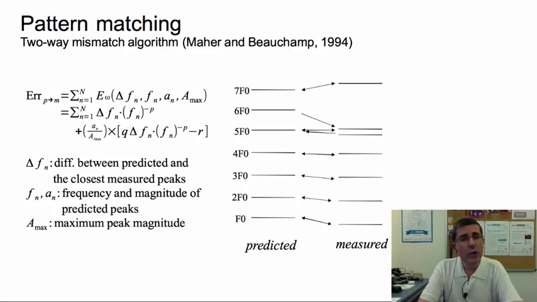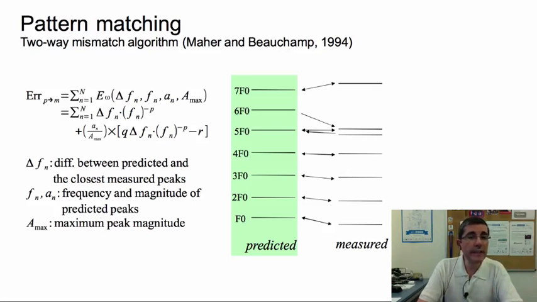So if we start looking at the plot, we see the measured peaks on the very far right. These are the peaks that we have obtained, the frequency of the peaks. And then we want to check a given predicted harmonic series, a given F0 and its multiples, how close it is to these measured peaks, so how well it explains those measured peaks.